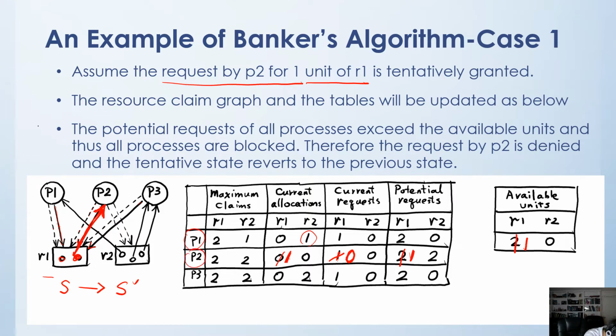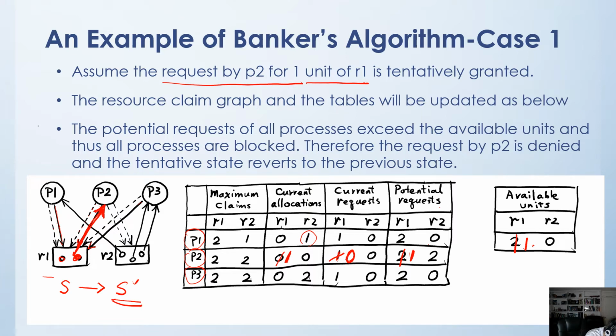With the current graph S prime, that's the current situation, we need to check each individual process to see whether its potential request can be satisfied. That means whether the available units right now can meet the needs of the potential requests.